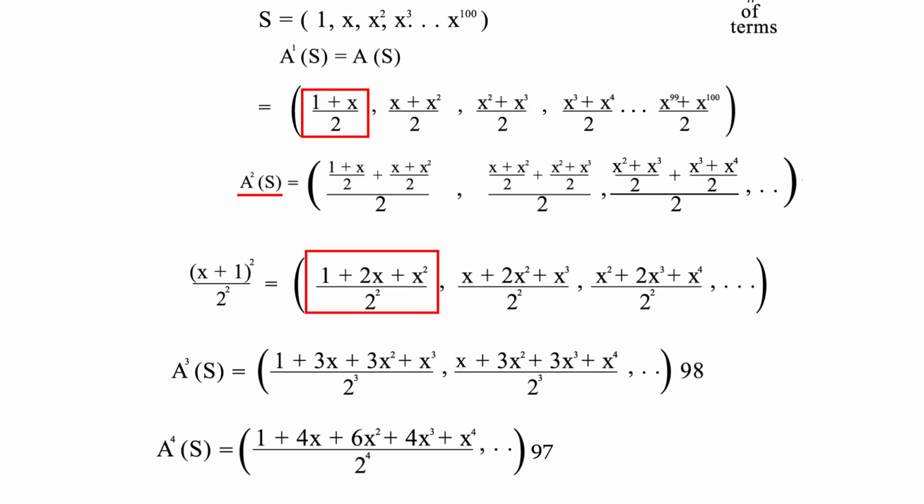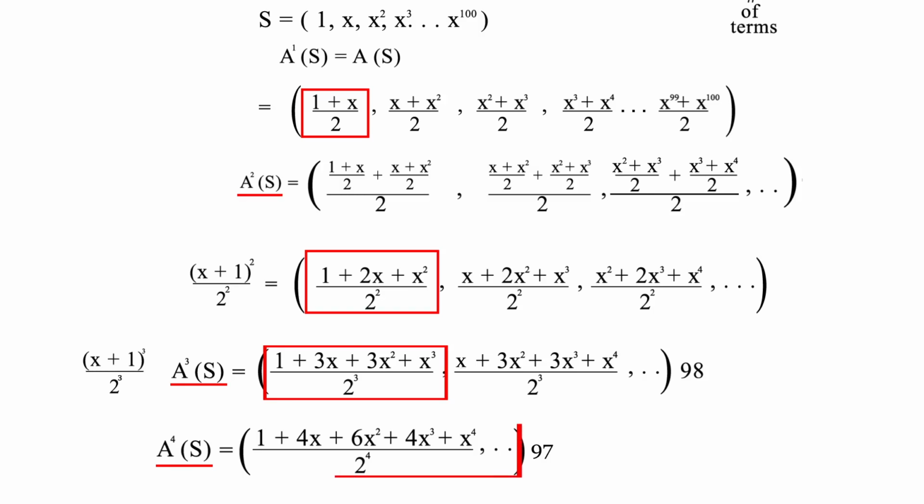All right, let's go to the next one. This is the first term. This is x plus 1 to the power of 3, all over 2 to the power of 3. And then if we look at A4 and look at that first term, that is x plus 1 to the power of 4 over 2 to the power of 4.